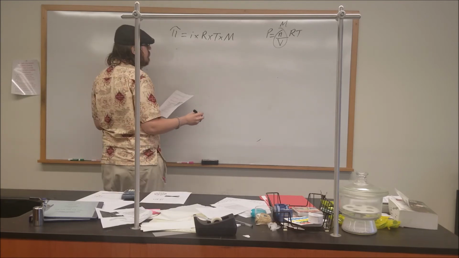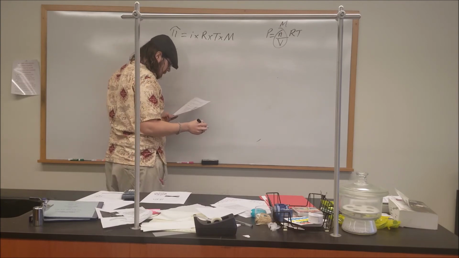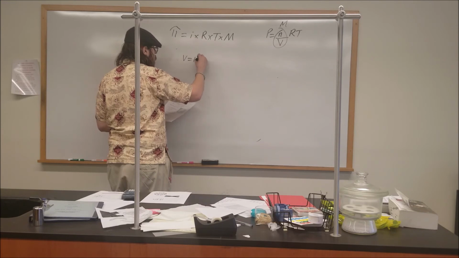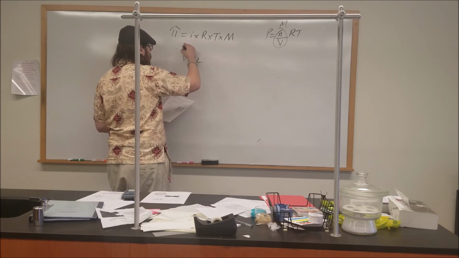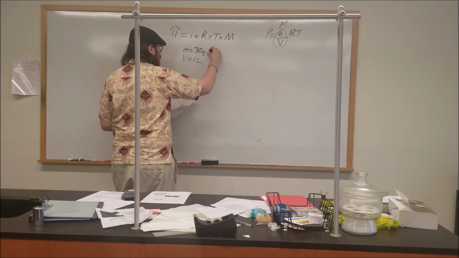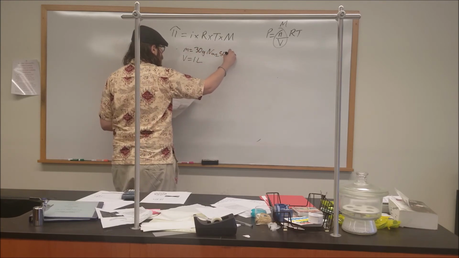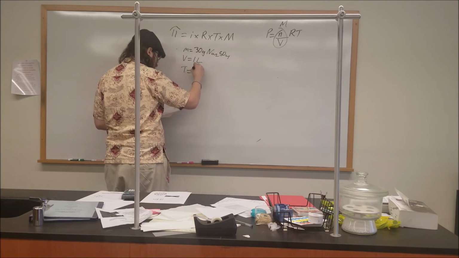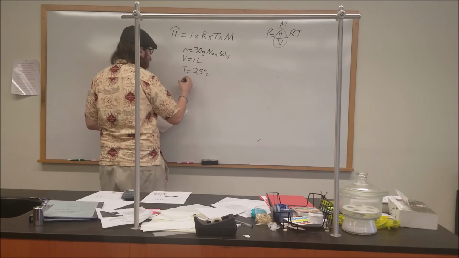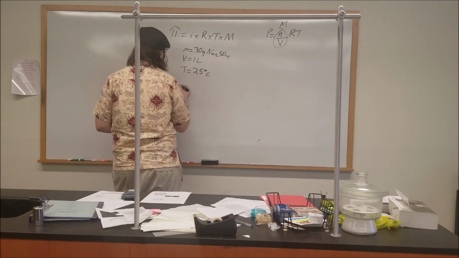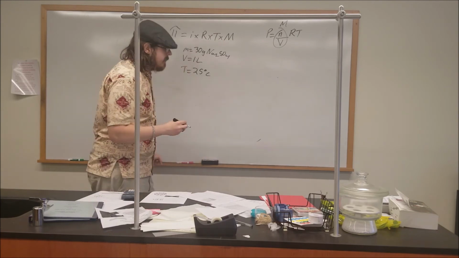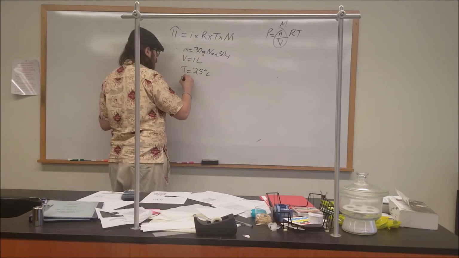Our molarity is once again moles over liters. Our volume is 1 liter. Our mass of solute is 30 grams of Na2SO4. Our temperature is 25 degrees C. And the answers are in atmospheres, so that should tell us something about our ideal gas constant.